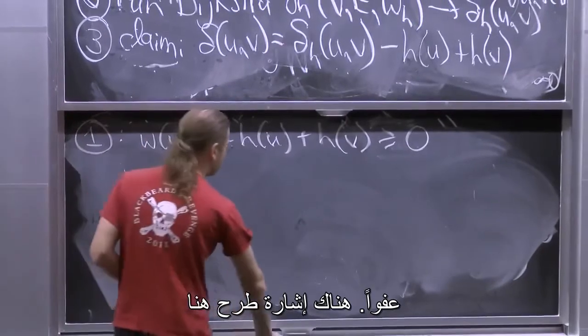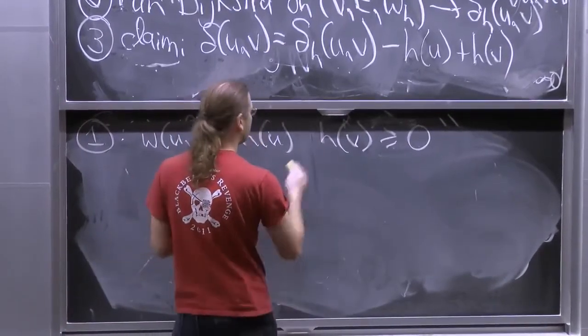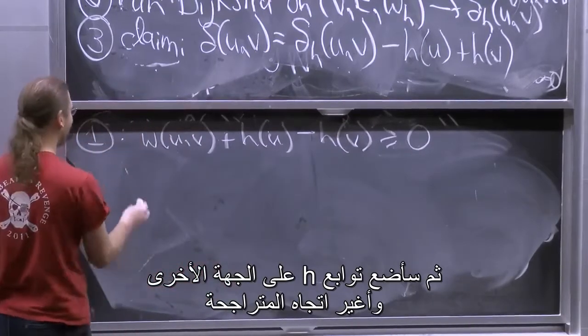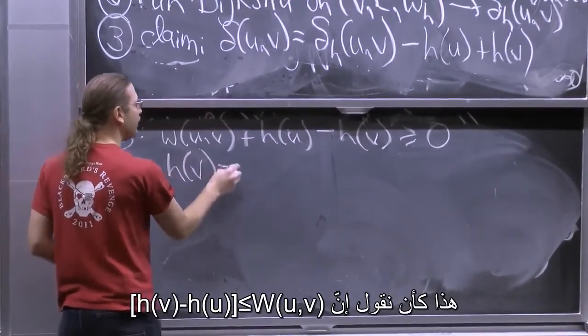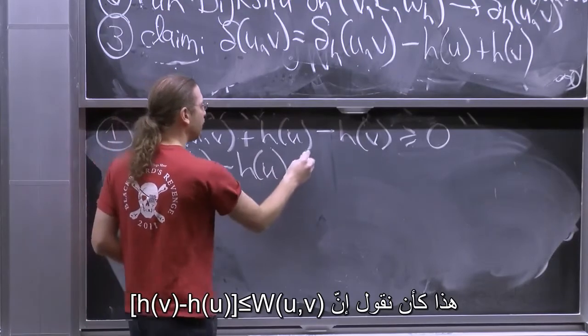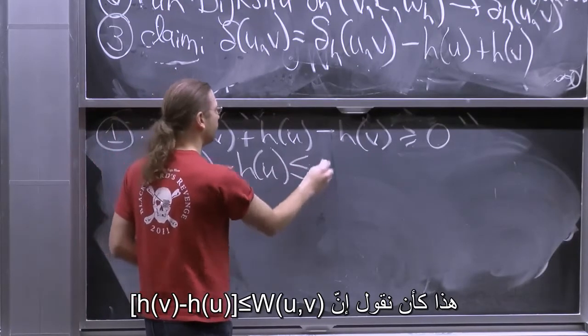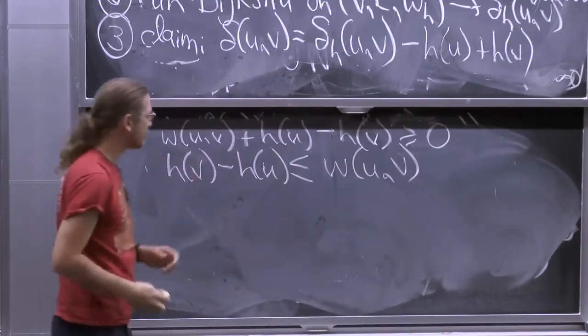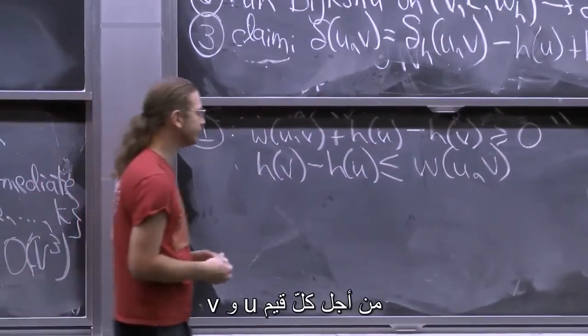Whoops, minus. I'm going to put the h's onto the right-hand side and then flip it all around. So this is like saying h of v minus h of u is less than or equal to w of uv, for all u and v.